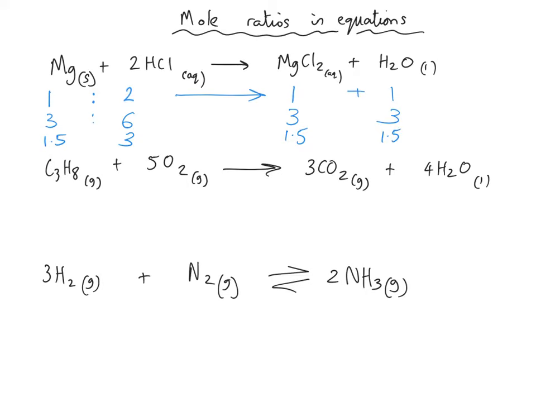We can do the same thing for the second equation, just the numbers are different. The equation tells us that 1 mole of propane reacts with 5 moles of oxygen to produce 3 moles of carbon dioxide and 4 moles of water.